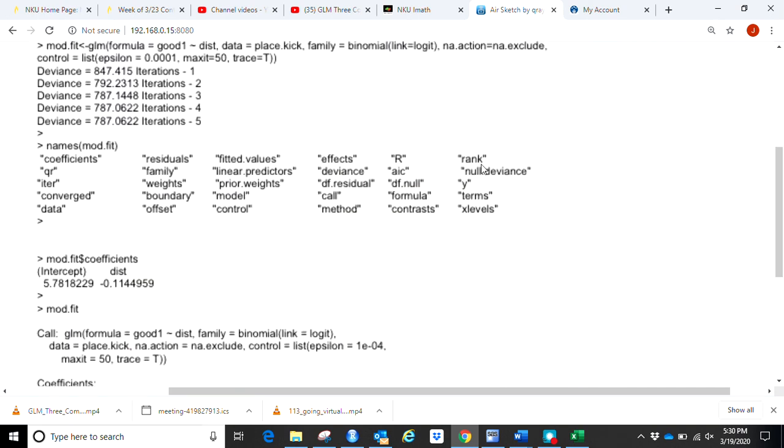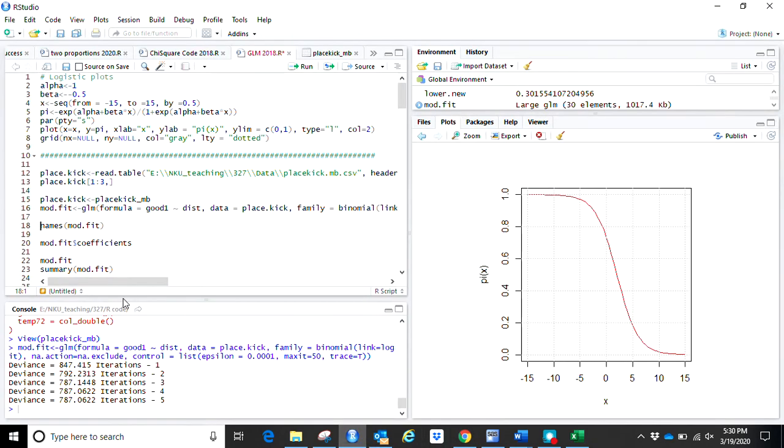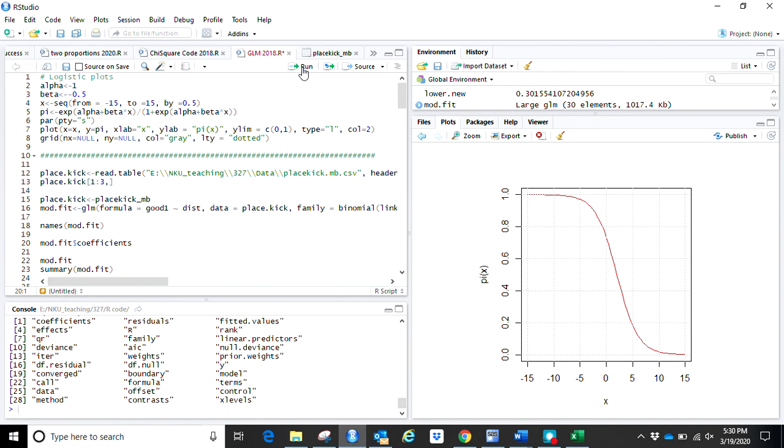Then the next thing I asked for is I wanted to find out what names are in this thing called mod.fit that I named. So this is basically telling me what is stored inside mod.fit that I could ask for. So it gives me a list of all of these different things. Okay, let me show you just that code being run. So it spits out all those different things that I can be asking for as well.